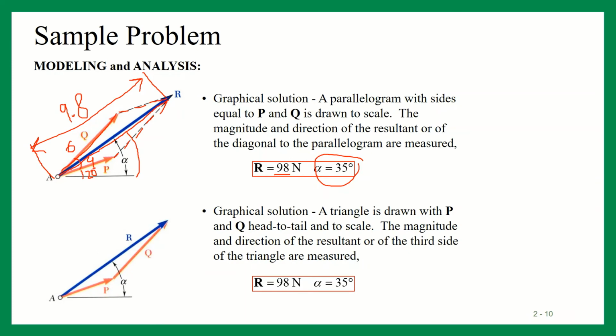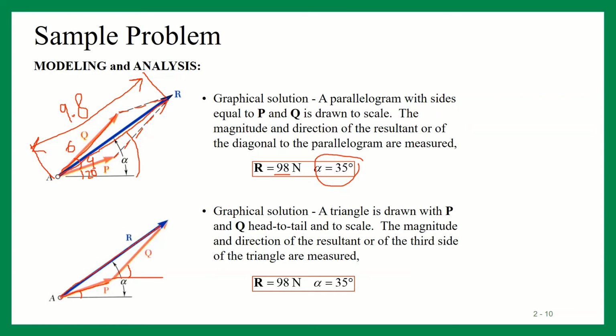Similarly, when you draw the triangle law, this is the triangle law solution. First you draw P, and this angle is 20 degrees. Then from the tip of this, you draw the second vector, and this inclination should be 45 degrees, because it is 20 and 25.